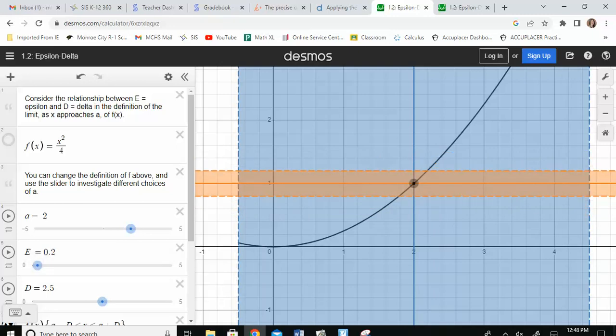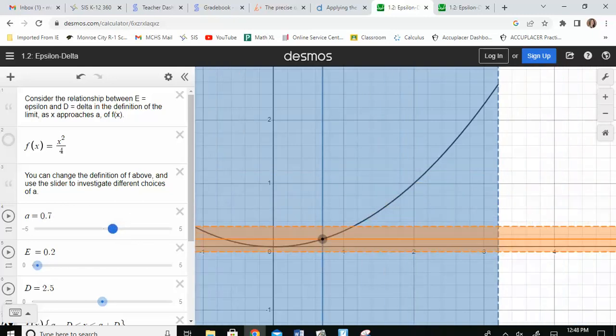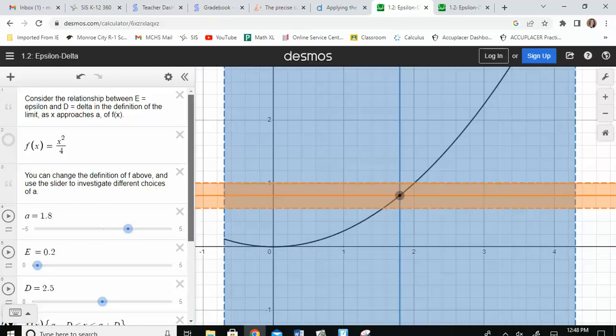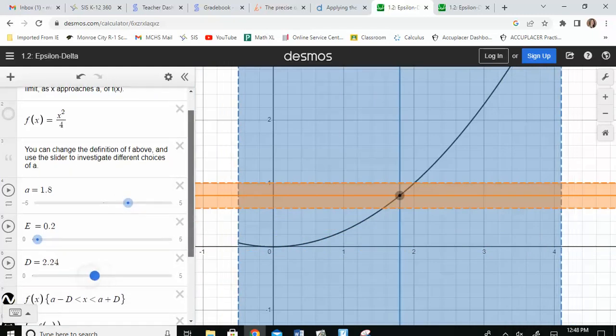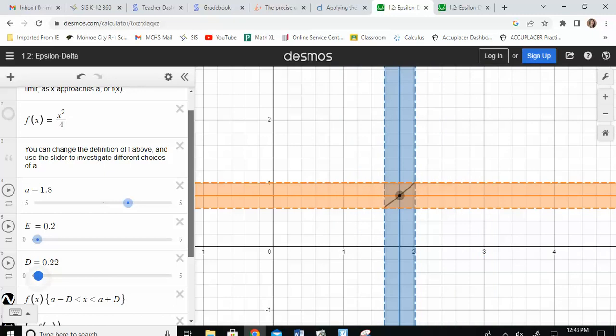So if I want to fall within the orange mark, I would have to make my blue get more narrow, right? So if I want to guarantee my y falls in that, then I have to take my blue area and squeeze it in to guarantee. So I would have to pick something in that blue window in order to guarantee that my y fell within the orange window.